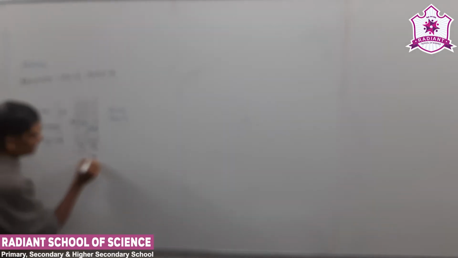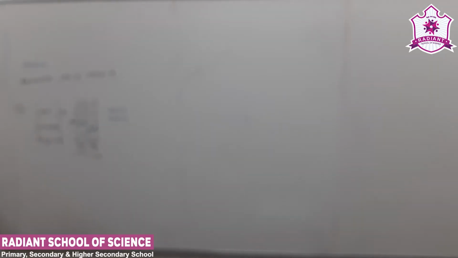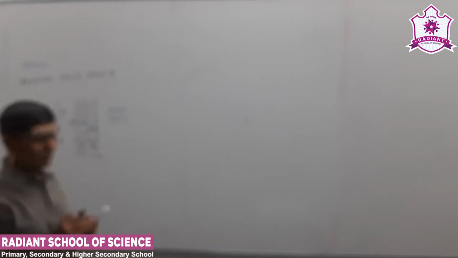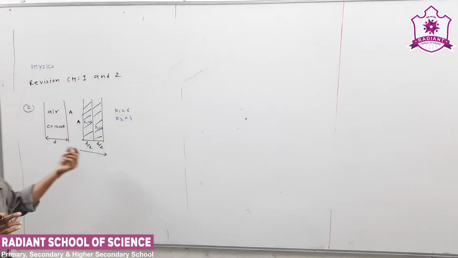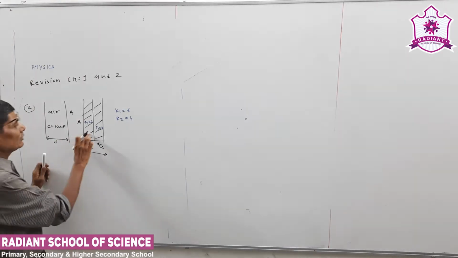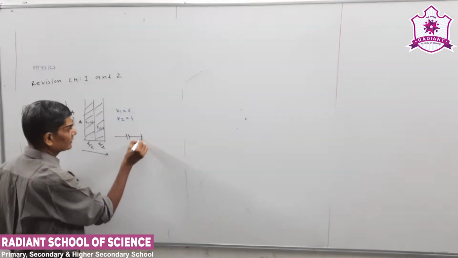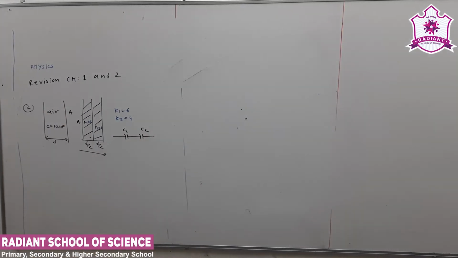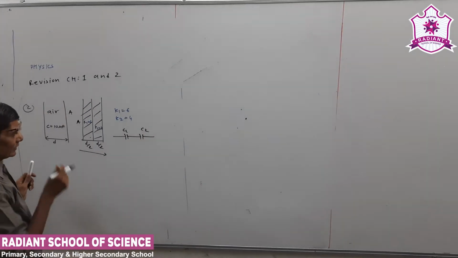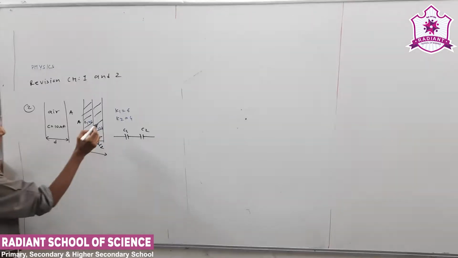Now see, when dielectric slabs of thickness d by 2 and d by 2 are filled, there will be two capacitors in series, C1 and C2. Now what will be the value of C1?